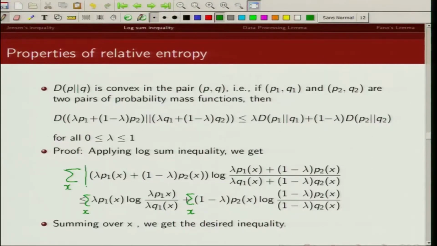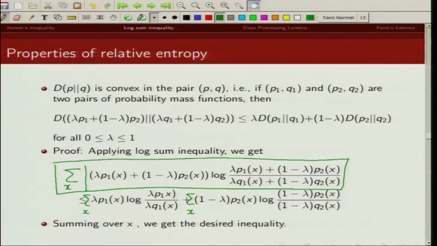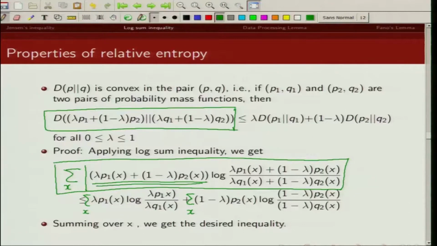So this quantity that you see here is nothing but the divergence between this probability and this probability. So the term on the left hand side is nothing but this term.